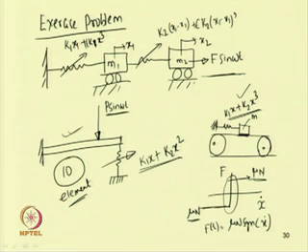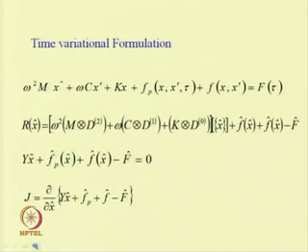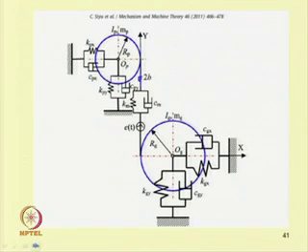Similarly, we can have some rotor system or gear system with backlash. So, let us see this system. So, this is a gear system with backlash. One can see the details of this system in the paper by Siu et al., published in Mechanism and Machine Theory in 2011, volume 46, pages 466 to 478.